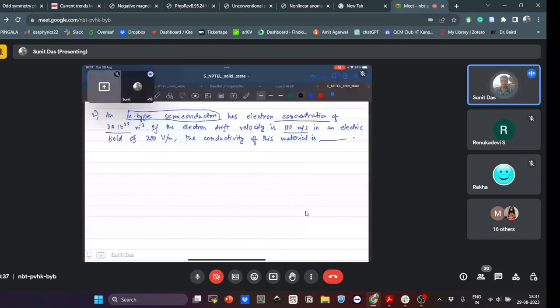So let's say we have a material, we apply an external electric field of 200 volt per meter, and it has electron density 3 into 10 to the power 20 per meter cube, and the velocity with which the electrons move in the material is 100 meter per second. Now we need to find the conductivity.